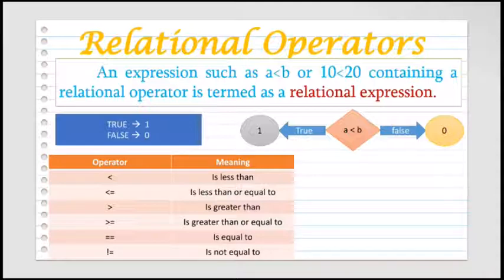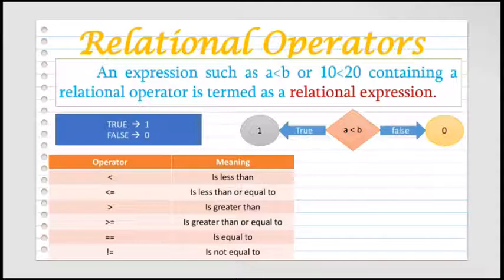Third is greater than, which is used to check whether it is greater than or not. Fourth is greater than or equal to.